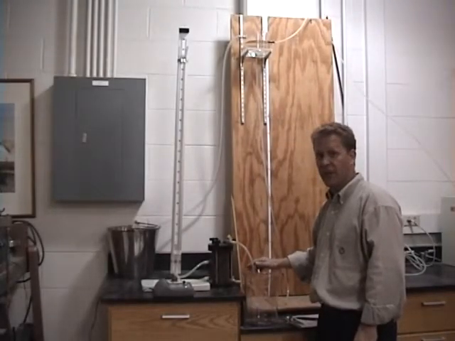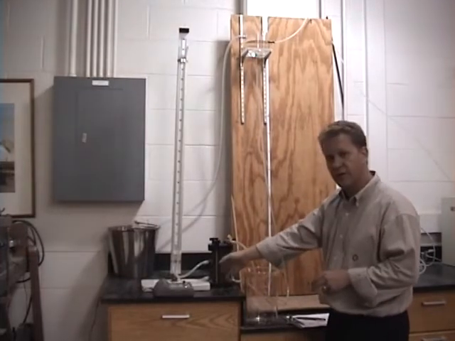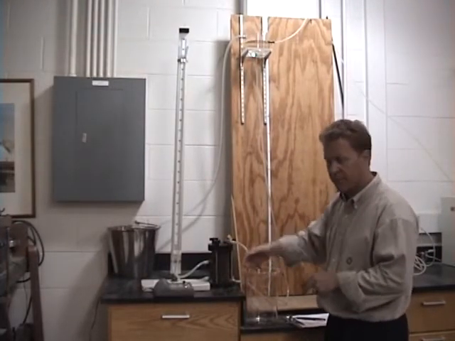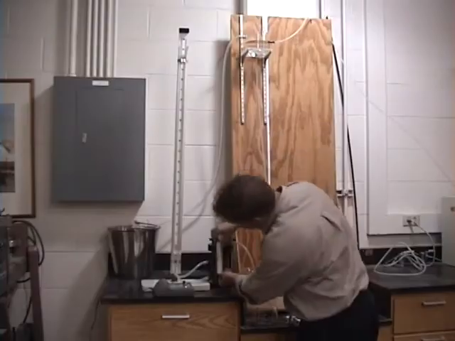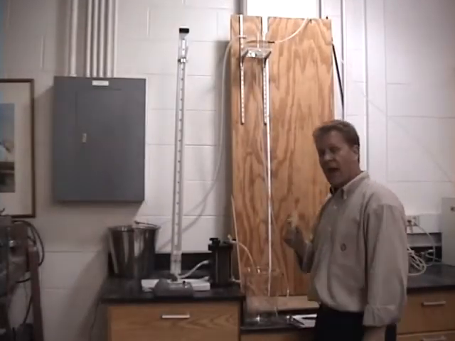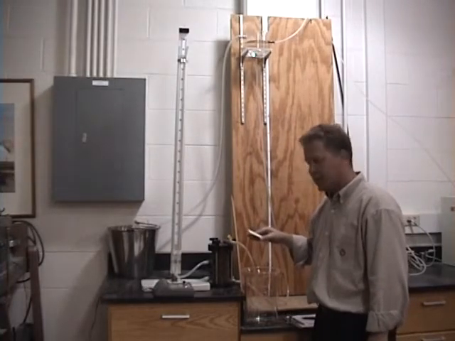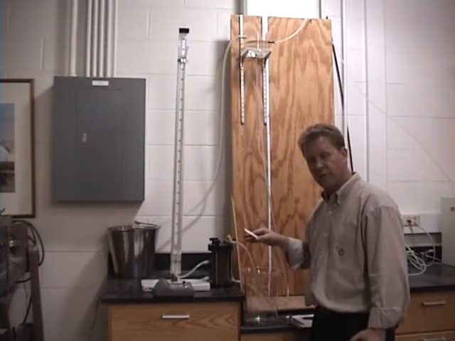Ready to start testing, but before I begin the test, I want to make a few measurements. I need to measure the vertical spacing between the manometer ports. That's L sub C. And I also need to measure the cross-sectional area of the specimen through which the water is going to permeate.